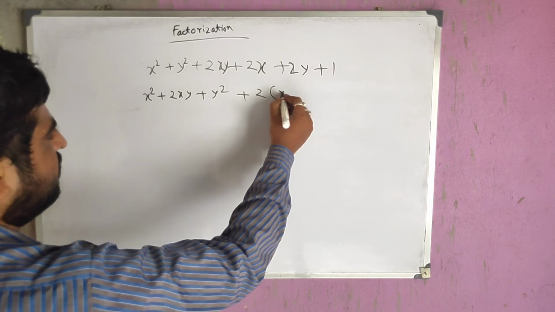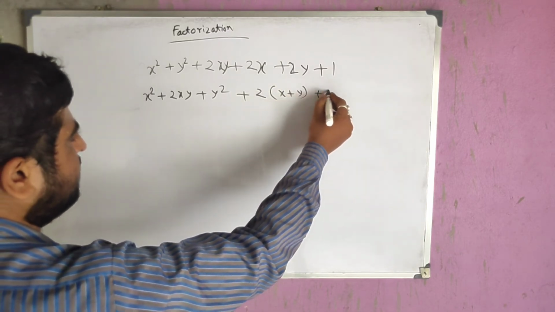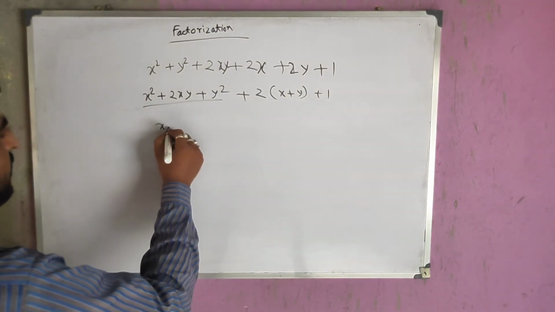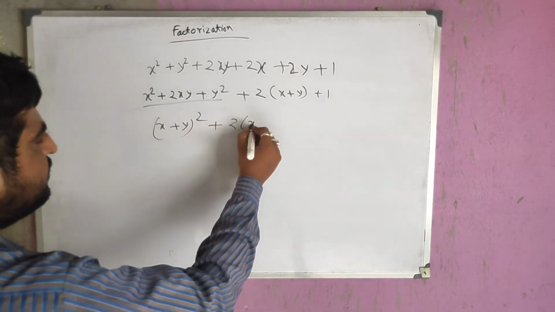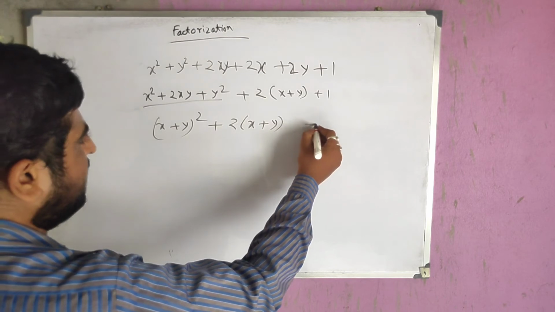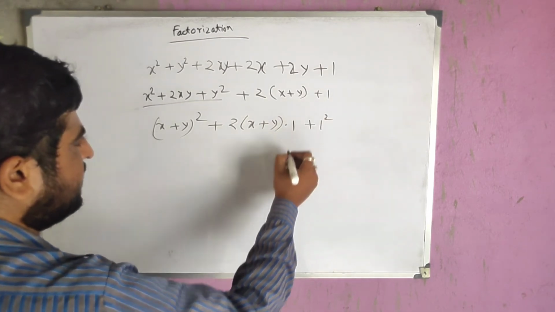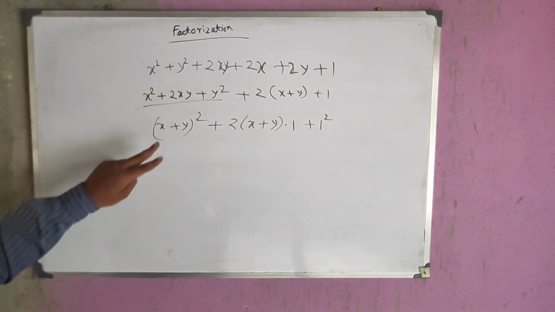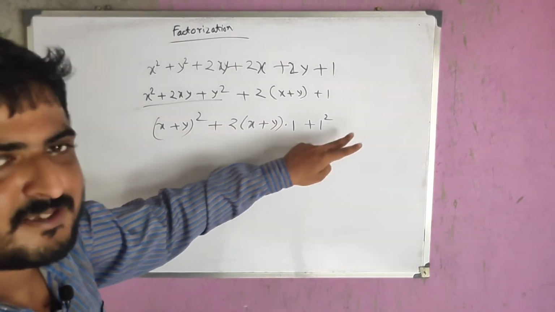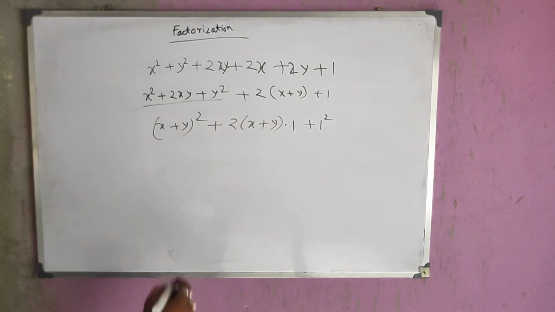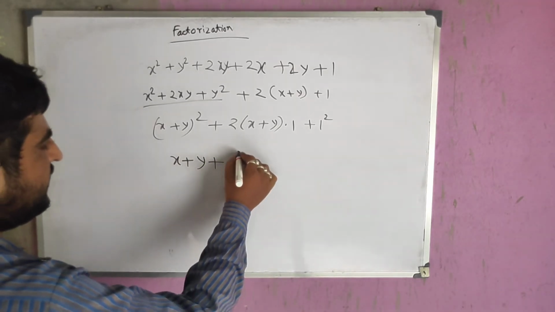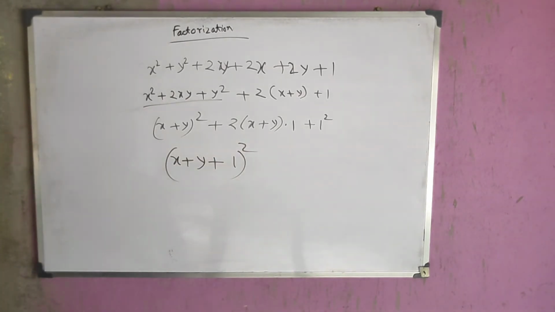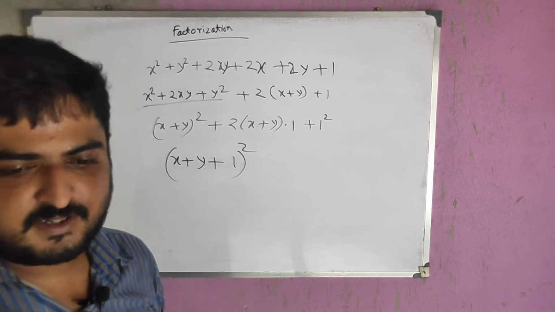From these two we can take common 2, then there remain x plus y. So this will become x plus y whole square plus 2 into x plus y plus 1 square. 1 we can write here also. So a square plus 2ab plus b square, it is the a plus b whole square formula. So in the place of a there is x plus y and in the place of b there is 1. So it will become x plus y plus 1 whole square.